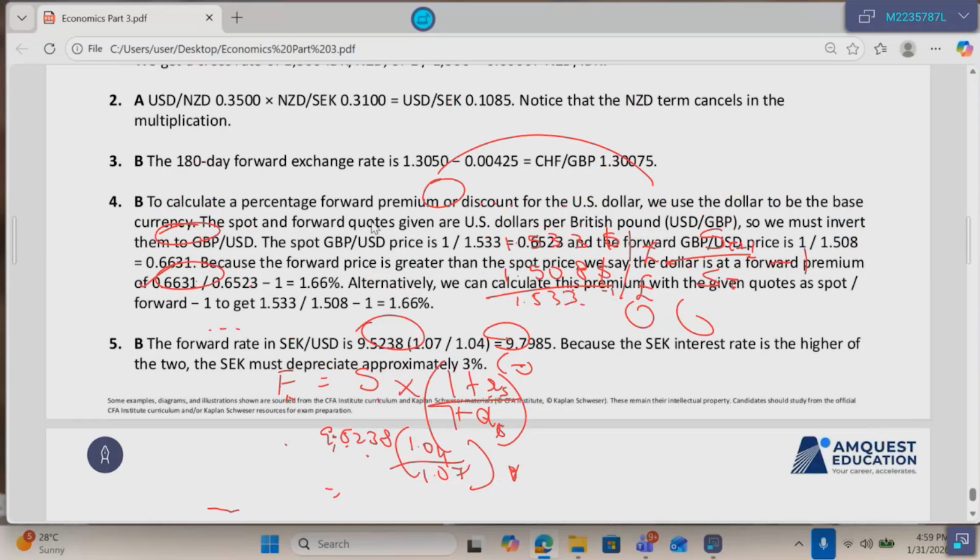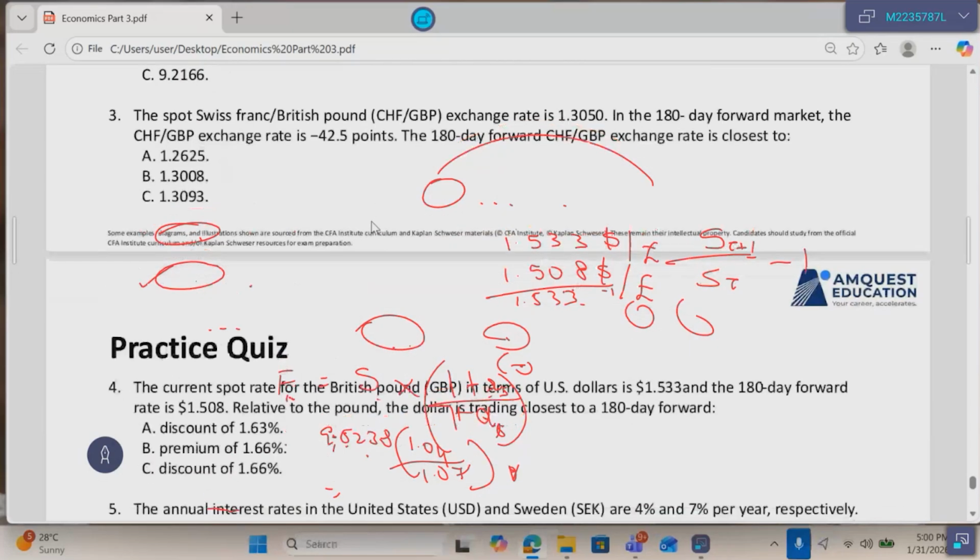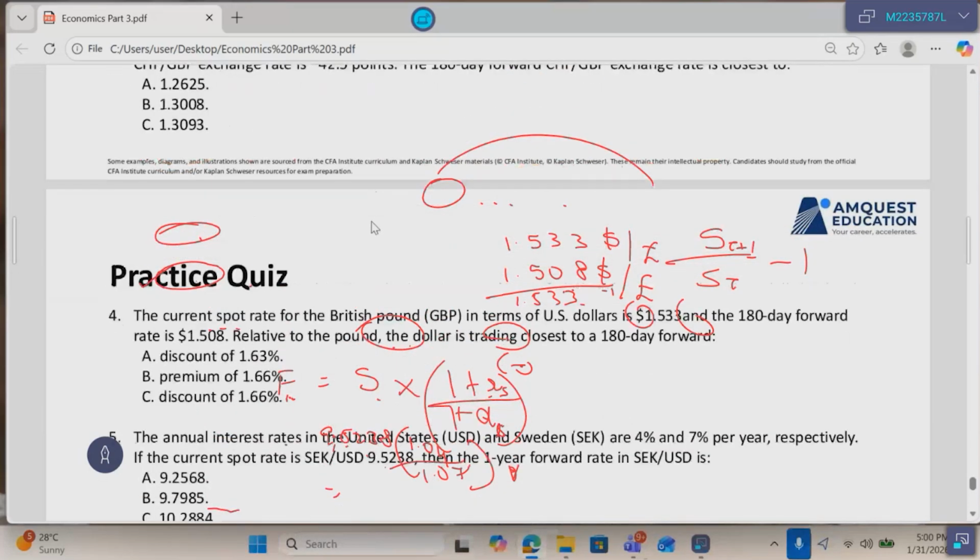SEK to the dollar. Here it is: the dollar is 4% and SEK. So you have to say SEK to the dollar, right? SEK is in fact 4%, so it's 4 and the dollar is 7%. So follow the same order that they're using.